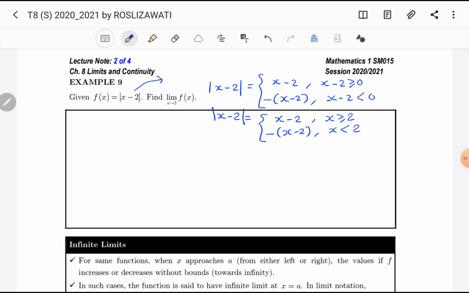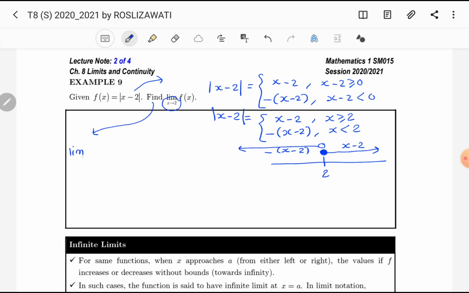Now, find the limit as x approaches 2. If I draw this, it changes at 2. For x greater than or equal to 2, the function is x minus 2. For less than 2, the function is negative (x minus 2). Okay, so now we go to the limit.